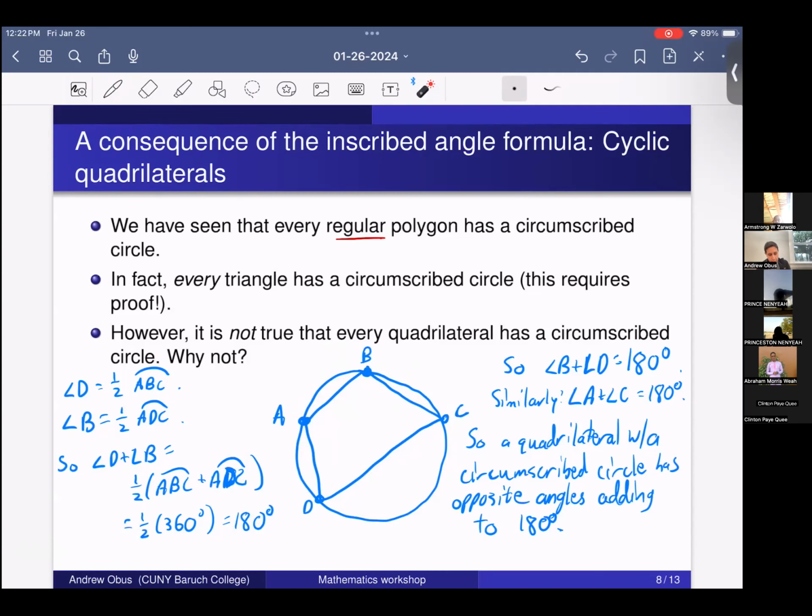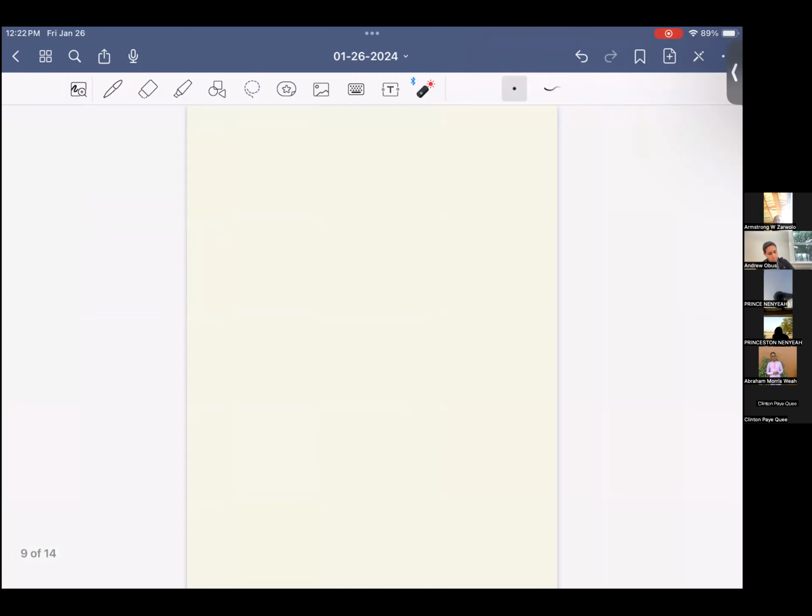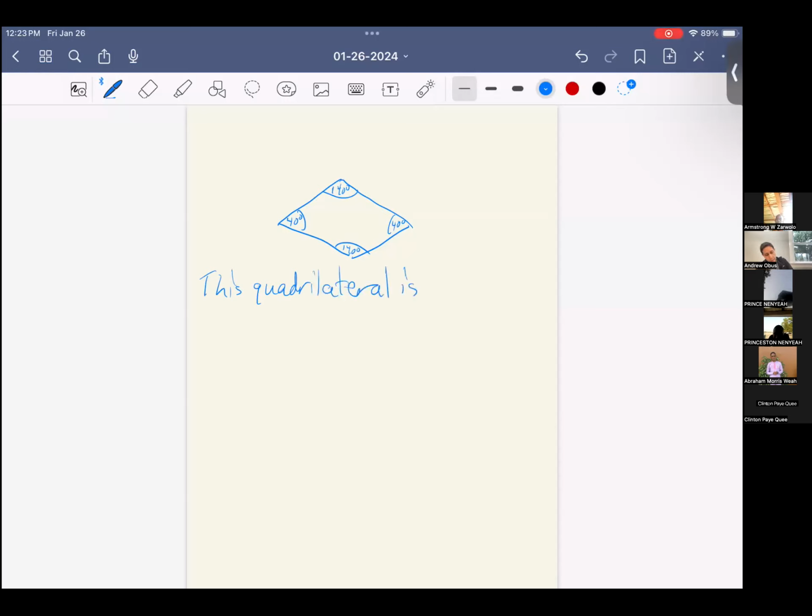So just as an example, which I'll write on another page, let me just add another page. If I have a rhombus that looks like this, with these angles both 40 degrees and these angles 140 degrees and 140 degrees, that's 360, then this quadrilateral is not cyclic.